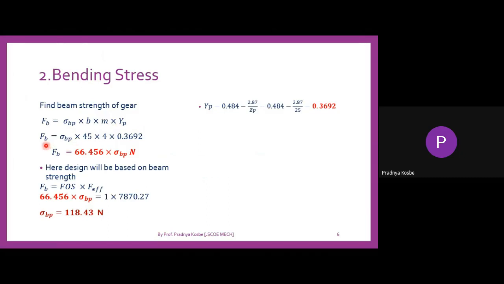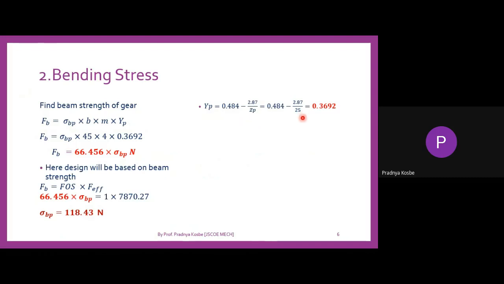And in FB, sigma BP, that bending stress, is unknown. Face width is 45 mm, module 4 mm, and Levy's form factor we can calculate from the equation Yp is equal to 0.484 minus 2.87 divided by Zp.